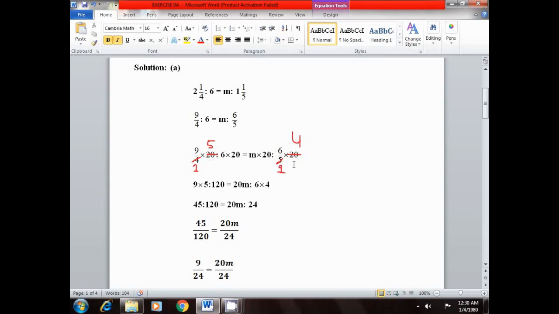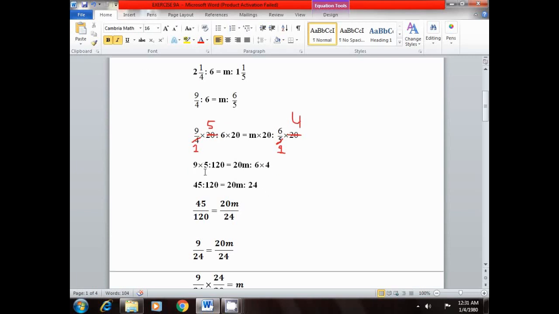The remaining quantities are 9 multiplied by 5 : 6 times 20 is 120 = m multiplied by 20, so 20m : 6 multiplied by 4. Let's multiply these numbers. 9 times 5 is 45 : 120 as it is = 20m : 6 times 4 is 24.